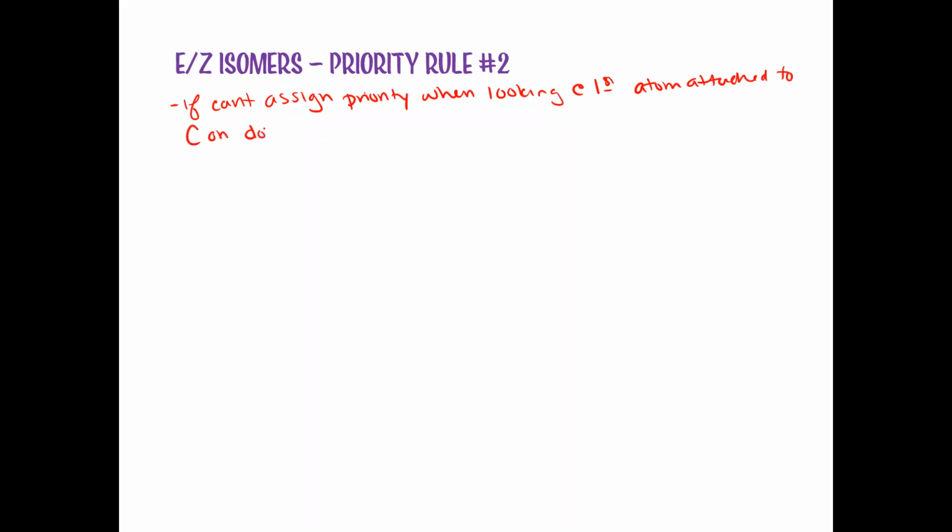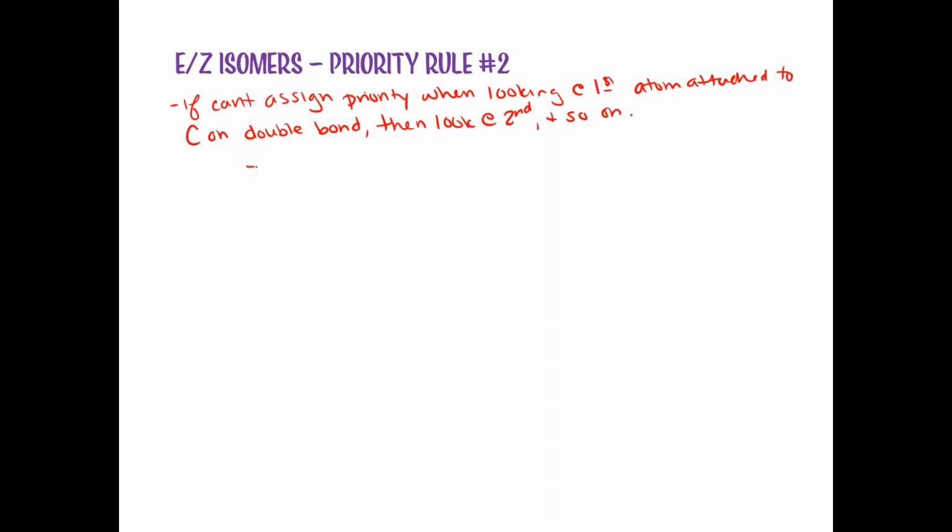Priority rule number 2: if you can't assign priority when looking at the first atom on the double bond, then you look at the second one, and so on.